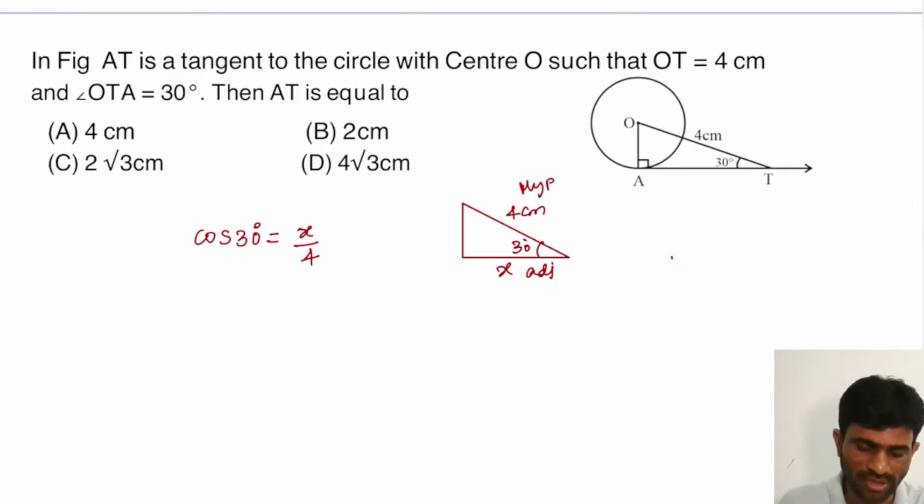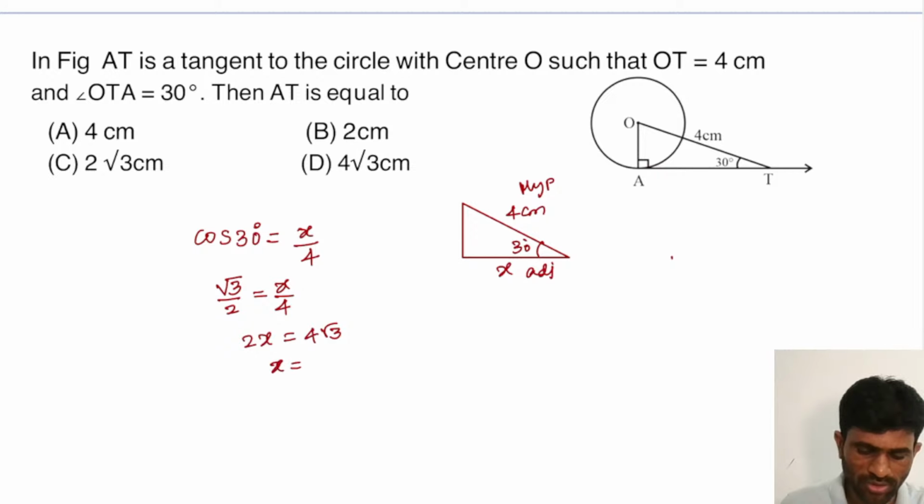What is the value of cos 30 degrees? Root 3 by 2. So root 3 by 2 is equal to x by 4. Now cross multiplication: 2x is equal to 4 root 3.